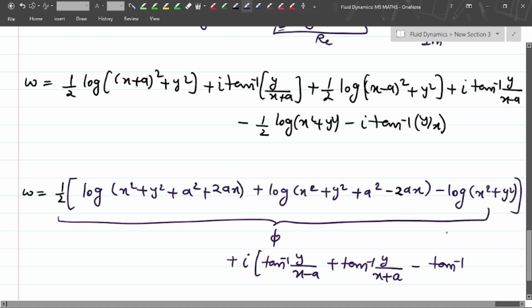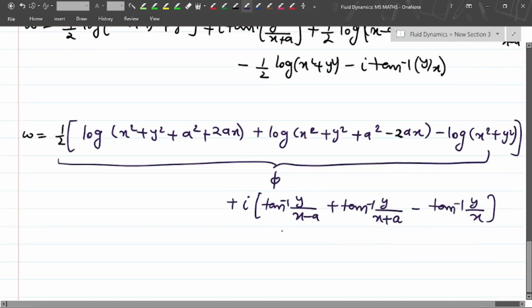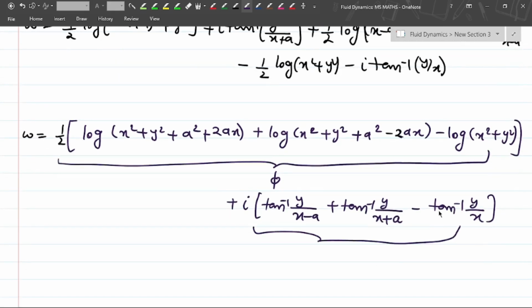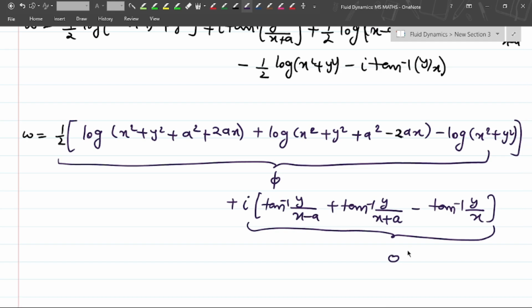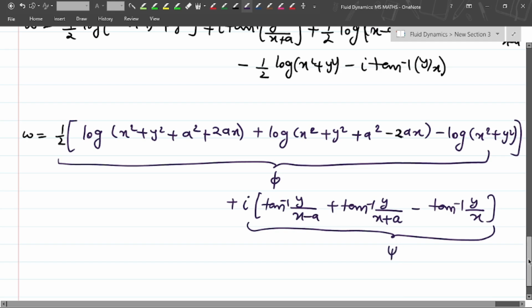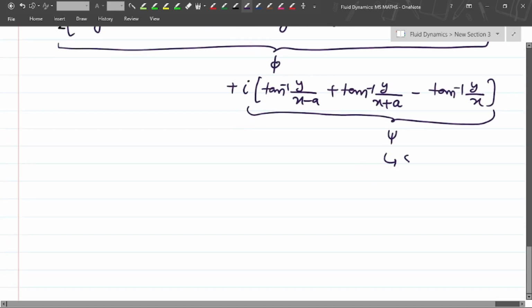This is basically y by x only. So this is going to be sine function. Sorry, sine. So this is basically my stream function.